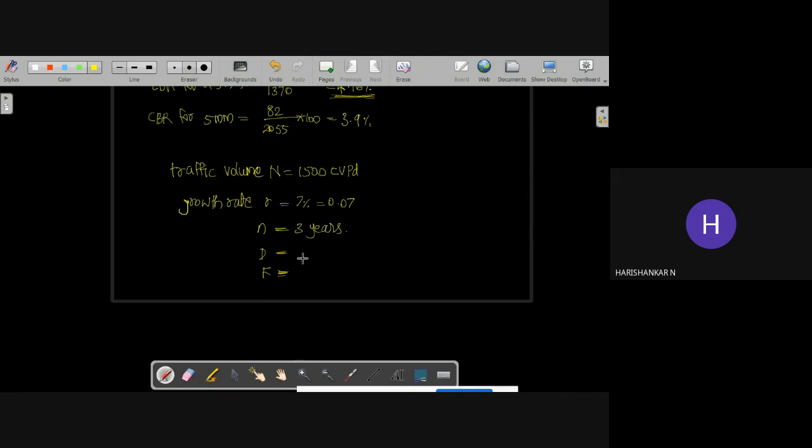So for 1500 traffic volume, you can have the D value and F value from IRC 37.